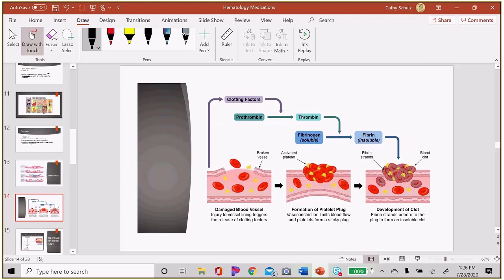So if we look at this a little bit closer, there's a damage in the vessel where red blood cells are escaping, and that is how platelets get activated so they can form the platelet plug. And then we have to develop those strands to make the clot very strong.